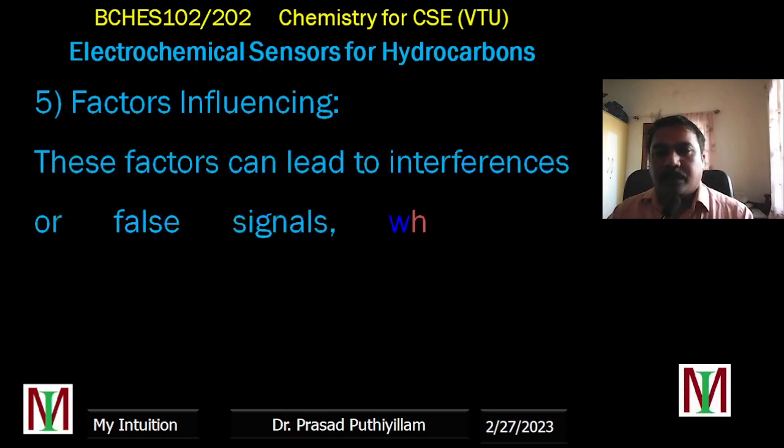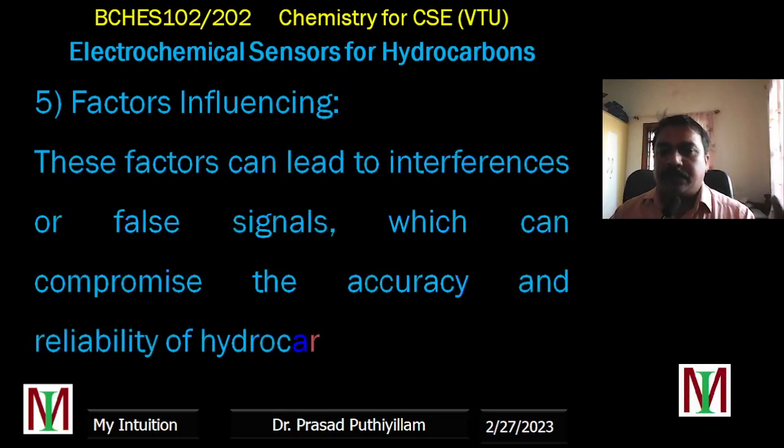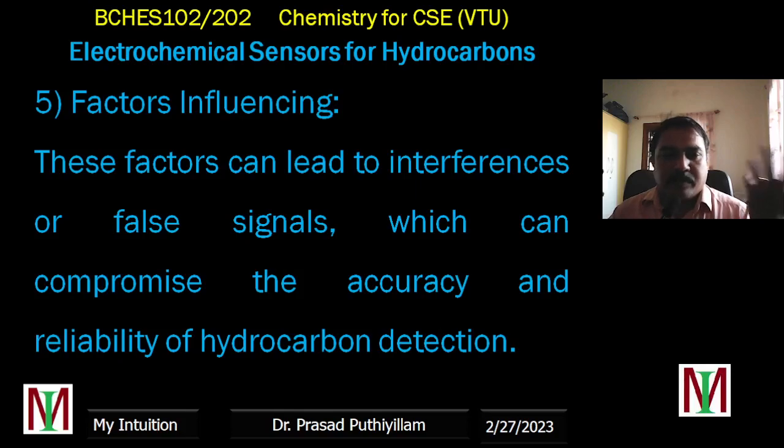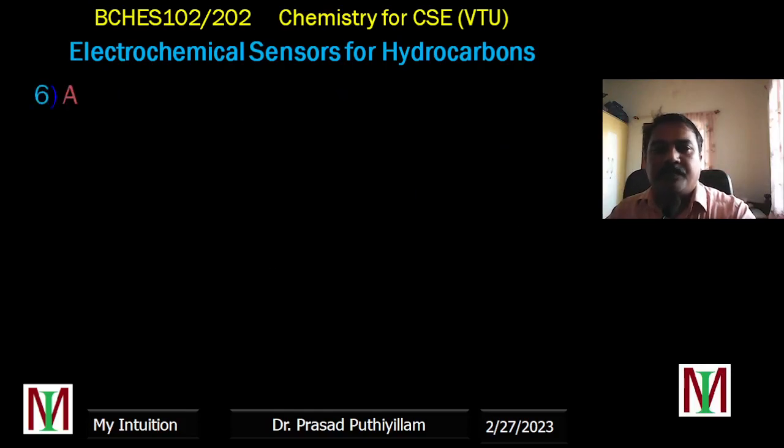These can lead to interference or false signals, which can compromise the accuracy and reliability of hydrocarbon detection. Compromised means the sensor will give a false result. It will not give the result we expect it to give. It is compromised by the interference, so it will give a false result. That is the meaning of the sentence.